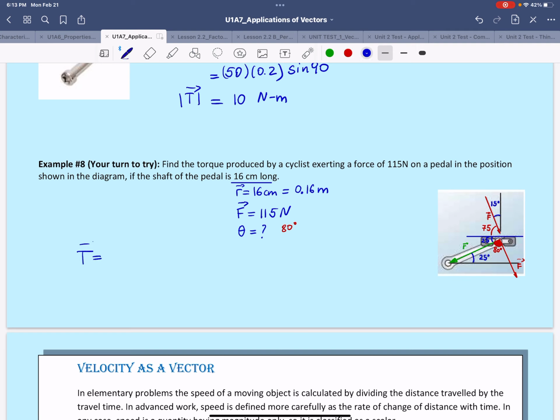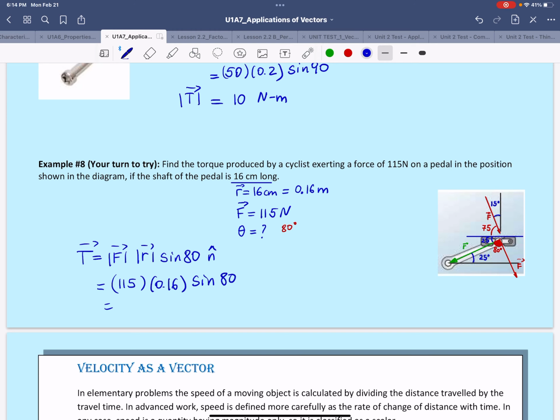So torque would be equal to magnitude of the force, magnitude of r, sine of angle 80, times the unit vector n, which is 115, times 0.16, times sine 80 degrees. So calculate it, times 0.16, sine of 80.